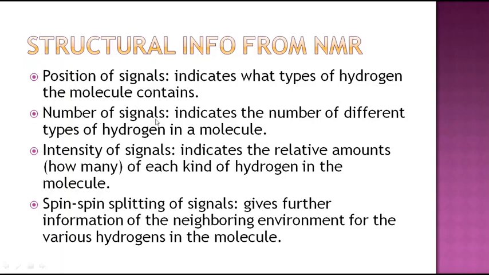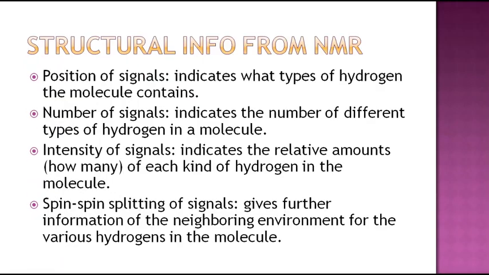The number of signals, how many signals there are, gives concrete information, and the intensity of the signal gives concrete information, and the coupling pattern gives information. Every peak gives information, every shape gives information, every intensity gives information, and therefore we don't leave any peak in NMR for structural elucidation, right?